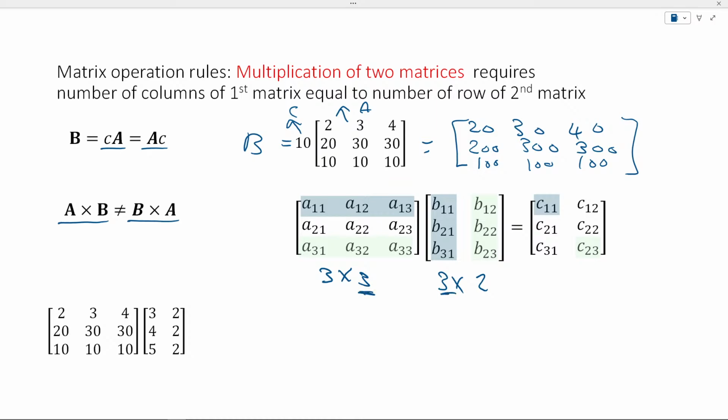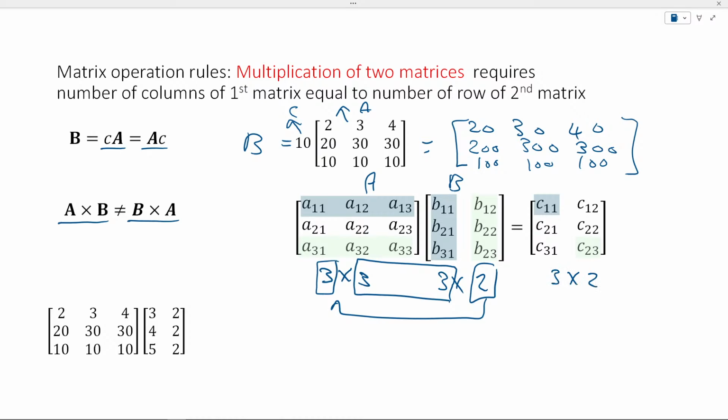Now here's the rule. This is the multiplication rule. If these two are equal, I can multiply matrix A with matrix B, and the product matrix will have this size, 3 times 2. That's exactly what we got here, a matrix with 3 rows times 2 columns.